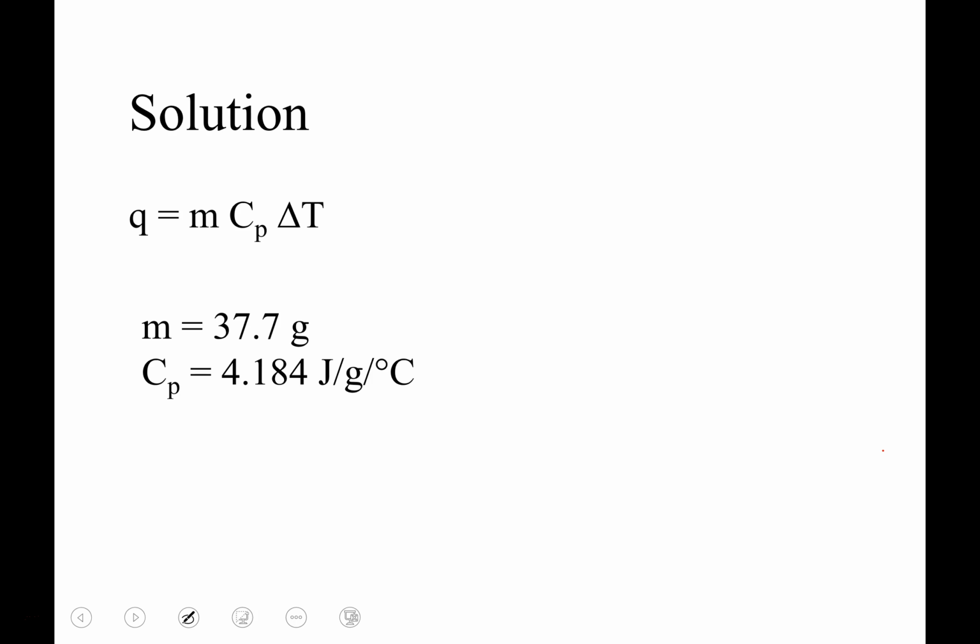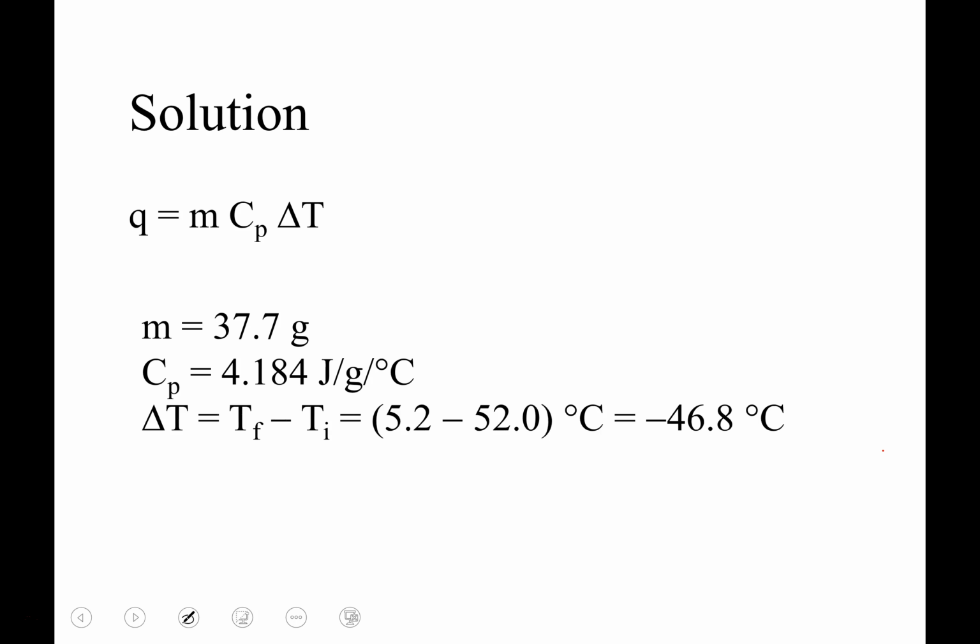So mass, specific heat, you told me, again, that's 4.184 joules per gram degree Celsius. I'm not a fan of this, grams to degrees Celsius. Delta T is final minus initial. You guys told me the final was 5.2. From that, we're going to subtract 52.0. Notice that this is legit.